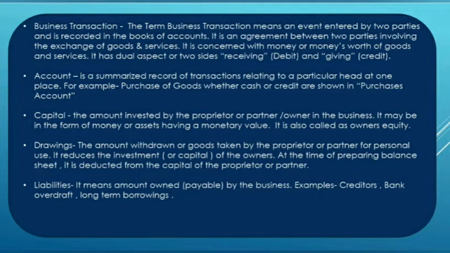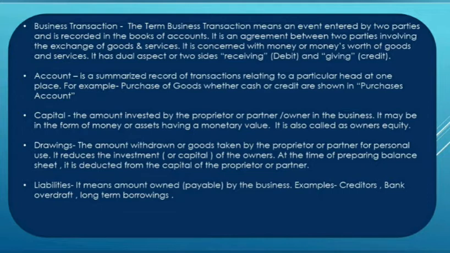For example, when you buy a pen, the two parties in this example would be, first, you as the customer, and second, the shopkeeper. Okay, so the agreement here is of buying and selling.